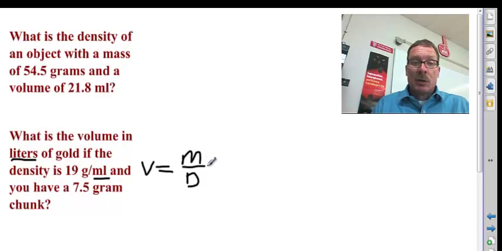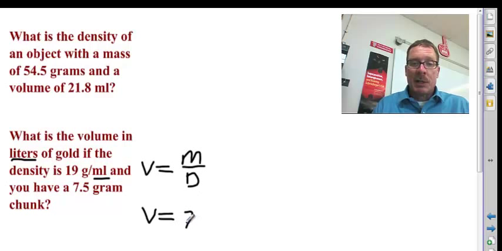Now, I can certainly just solve this out, get the volume in milliliters, and then convert it using my dimensional analysis to liters. But if I understand my dimensional analysis, I can actually do both the conversion and the density solving in one fell swoop. If I remember that when mass is divided by density, that's essentially multiplying it by the reciprocal.